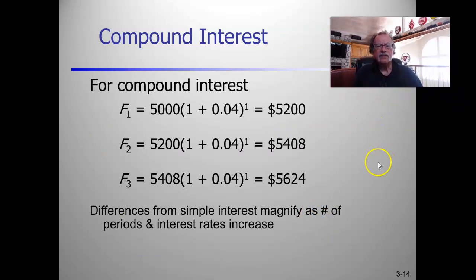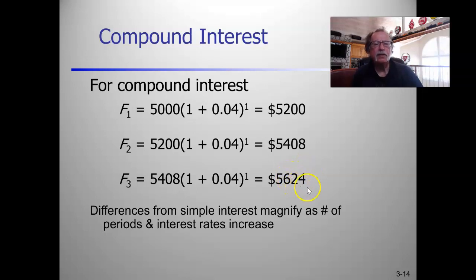So let's look at an example of borrowing $5,000 at 4% interest. At the end of 1 year, we owe $5,200. At the end of 2 years, it's $5,408. We have $208 of interest. At the end of 3 years, it's $5,600 and $5,624.